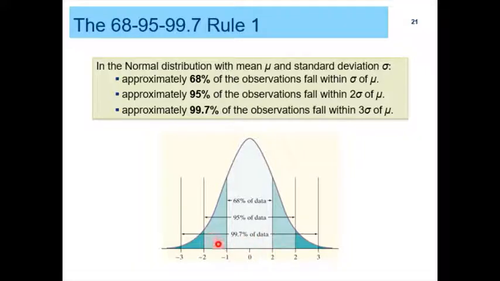Because these both are equal, this is almost like 13.5% of observations that will lie in this region. So one should memorize these numbers, but we will use them again and again, so you will memorize them later.